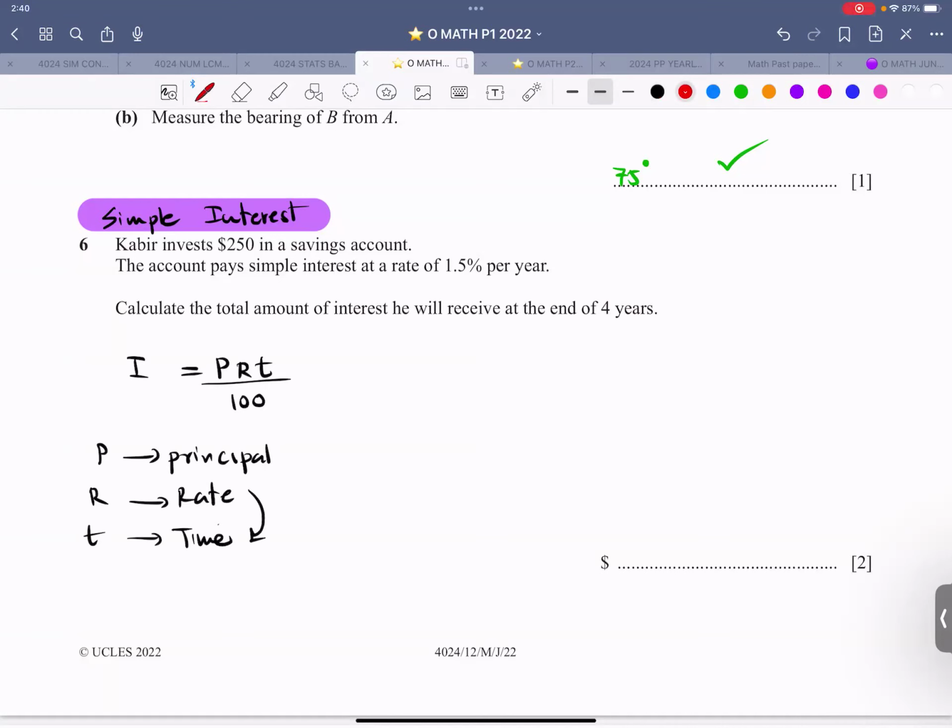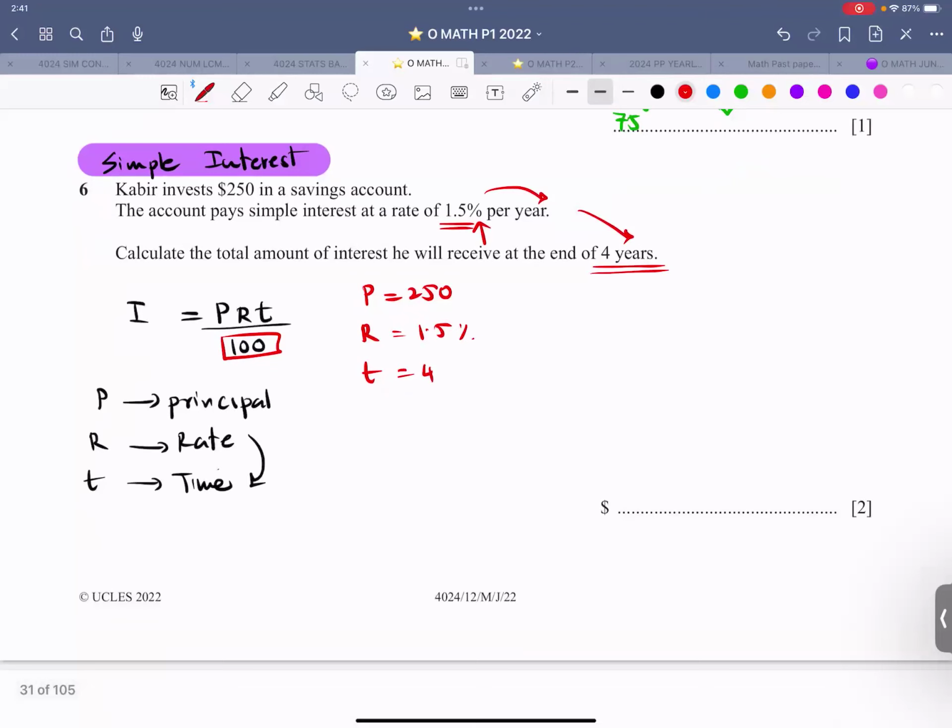The account pays simple interest at a rate of 1.5% per year. Therefore, the time period has to be in years. That is a must. This 100 is basically for the percentage, that's already taken care of. And this 250 is the principal. So principal is 250, the rate is 1.5%, and the time period is 4 years.